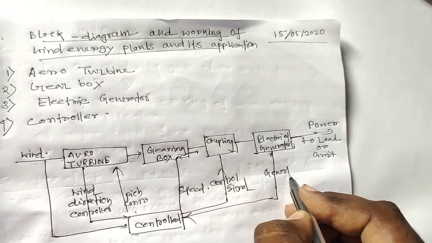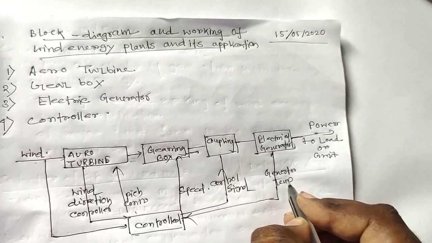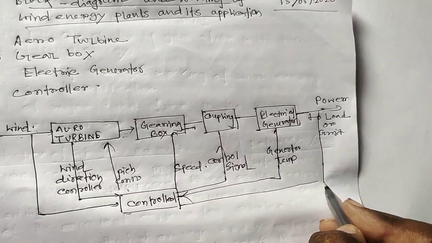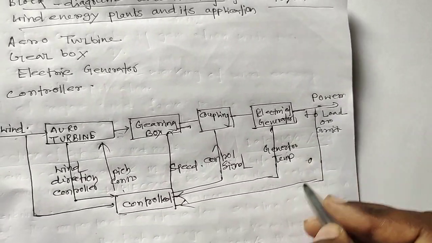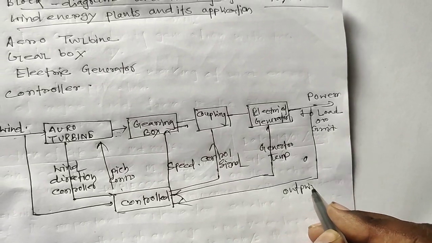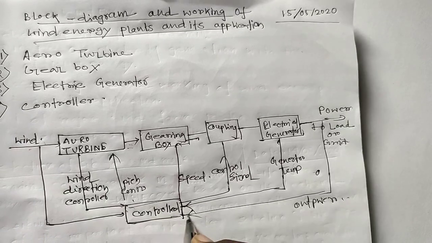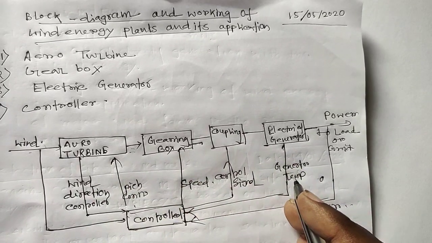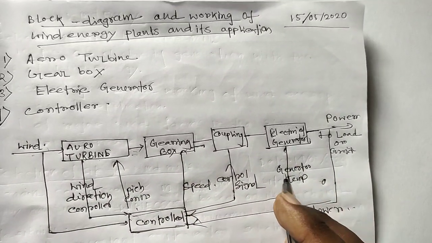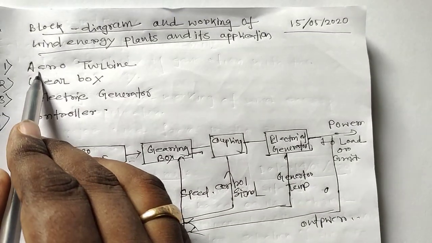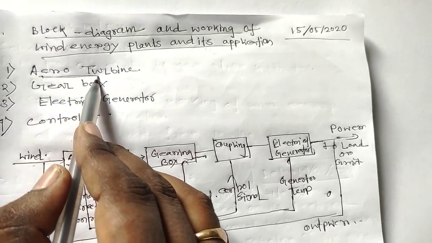Generator temperature control. The output power is also controlled by the controller. This controller is the important part of this wind energy power plant. And another important part is the aero turbine or wind turbine.